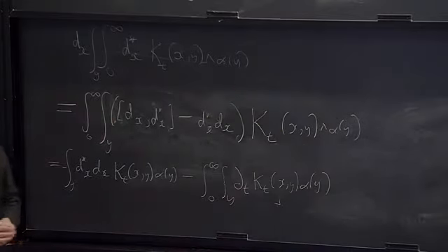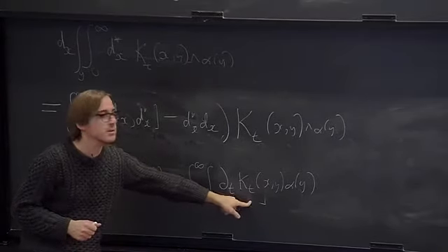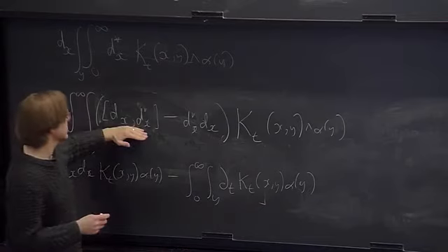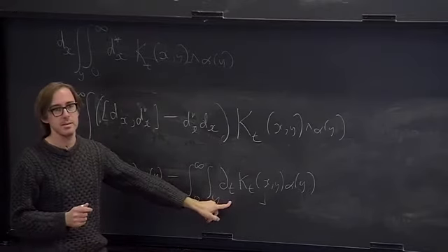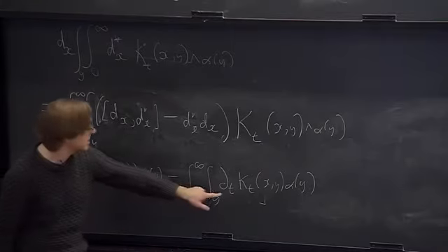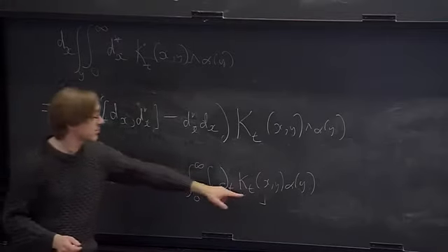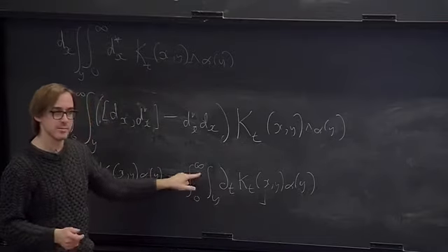Okay, so this is the good term. I've used the heat equation to replace this by a del t. This is the good term because now I can integrate over the t variable, and I produce, because it's a total derivative, things at 0 and infinity.